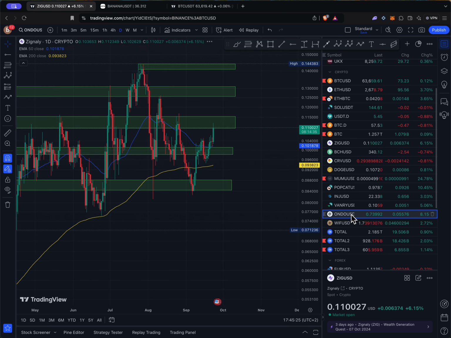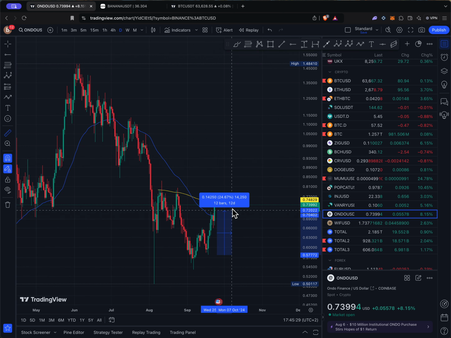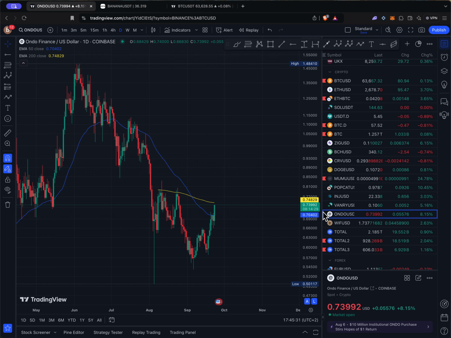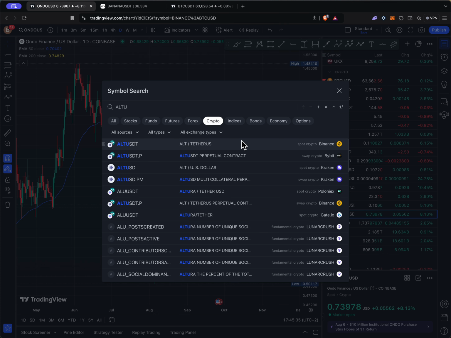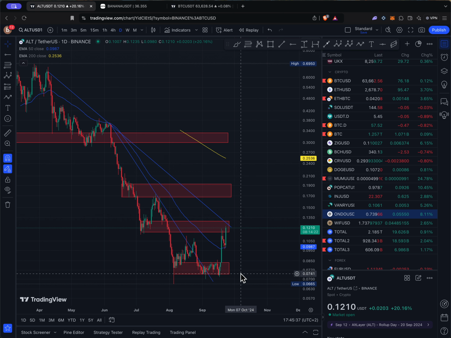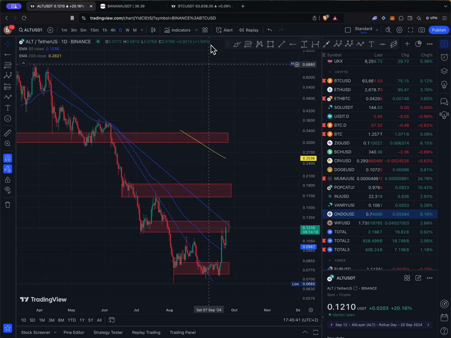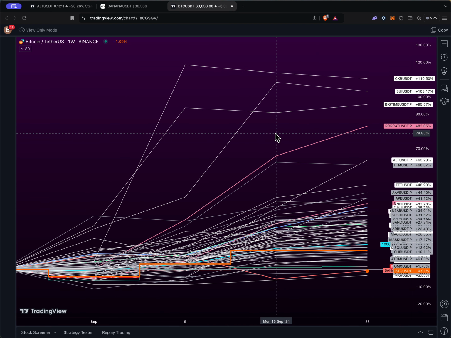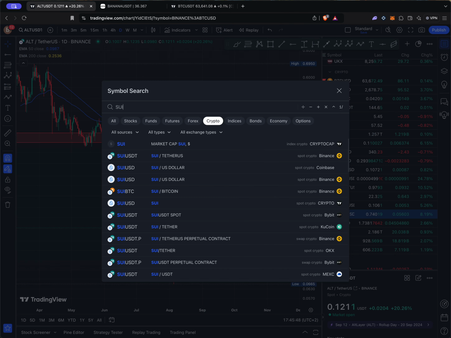What do we have? Ondo, since here, did a plus 27%. Alt, seen before, has done a plus 65%. What else we have? Sui, of course.